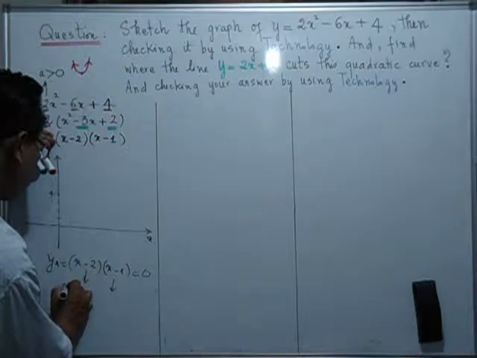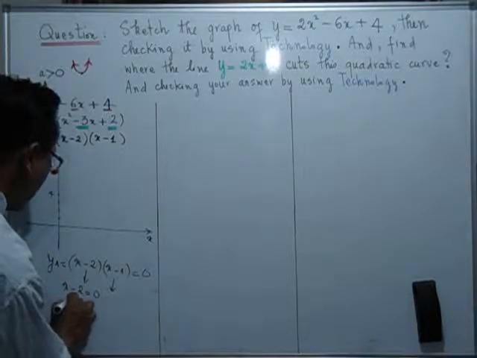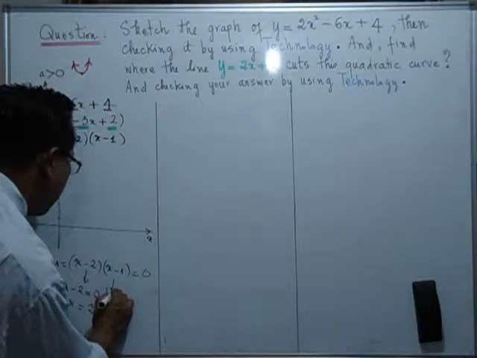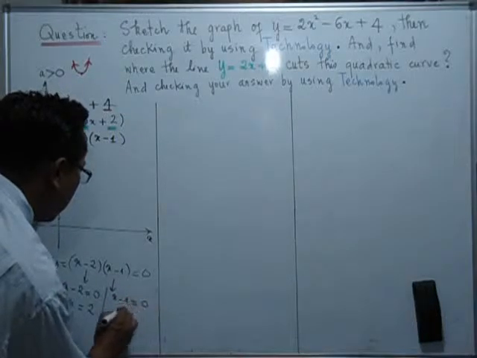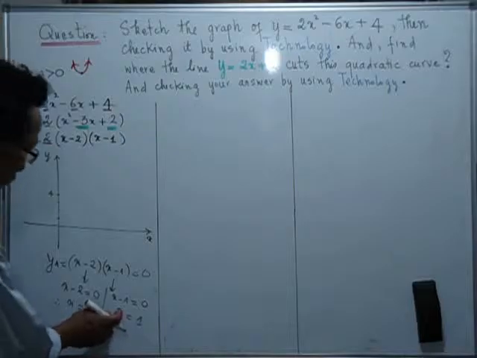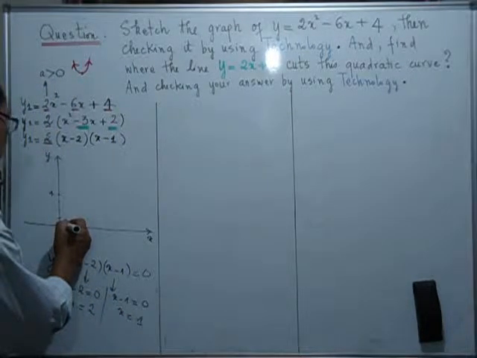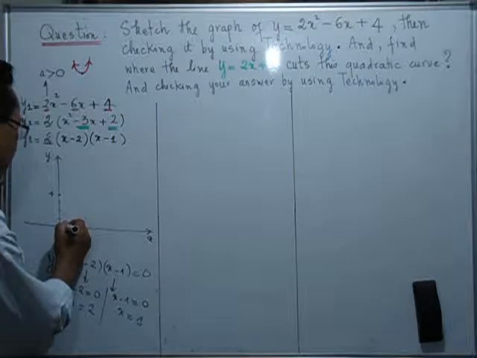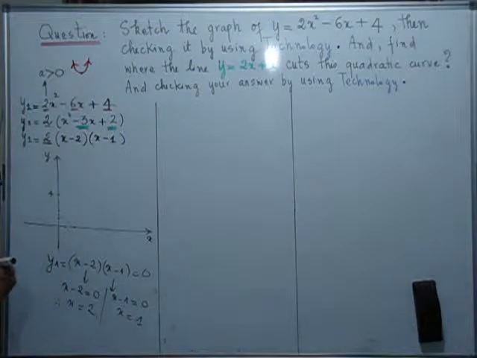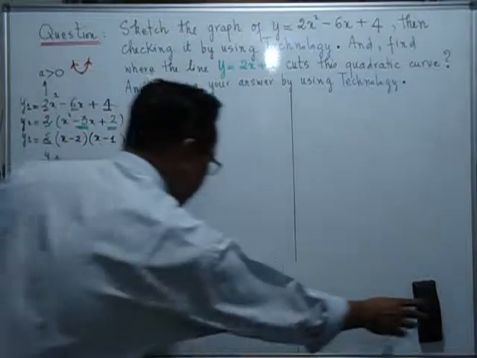If x minus 2 equals 0, therefore x equals 2. Similarly, if the other factor equals 0, therefore x equals 1. So the x-intercepts are 1 here and 2 there. You see it? So that you sketch this graph.